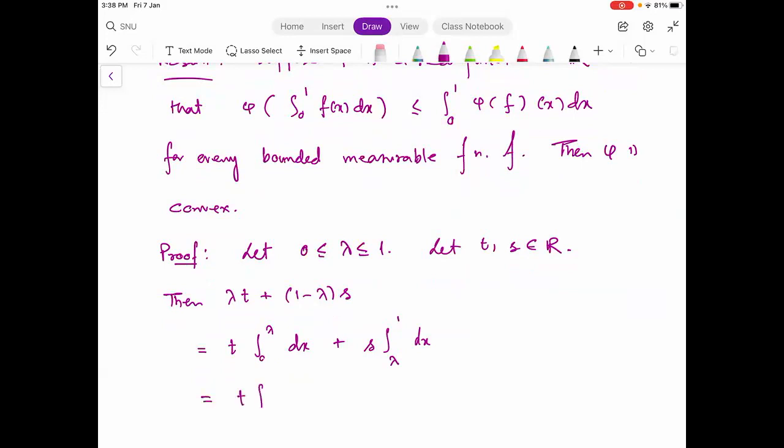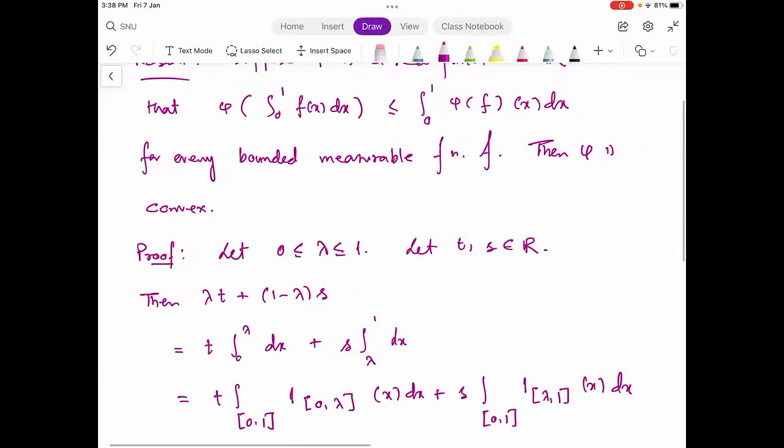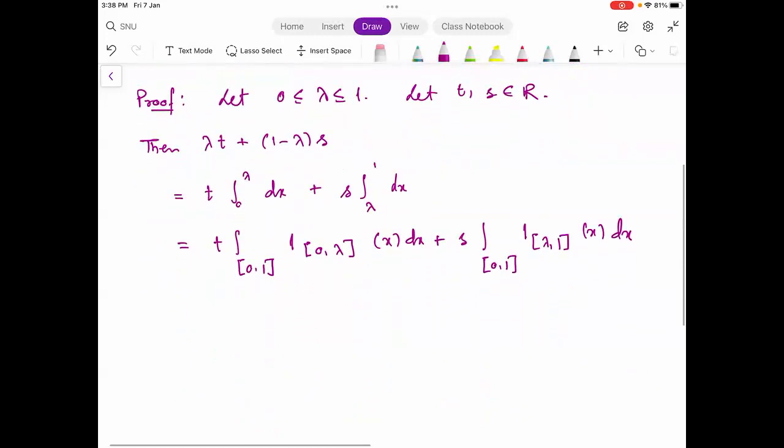All of you have seen such things. In measure theory, we write like that. The integral from 0 to lambda is nothing but the indicator function of 0 to lambda integrated over the whole interval 0 to 1.